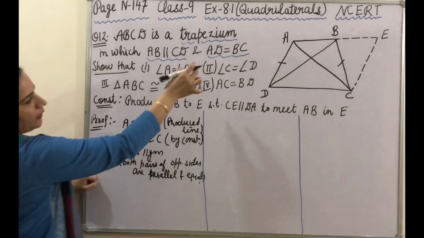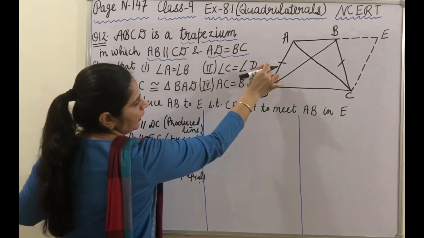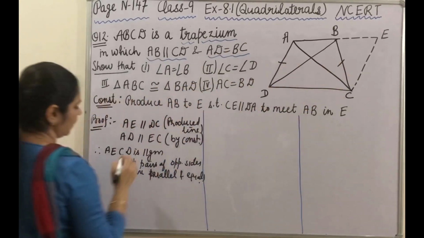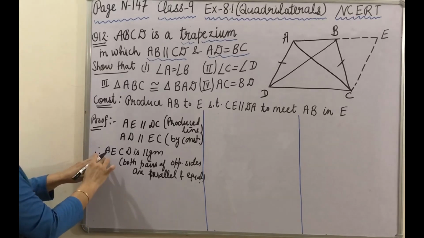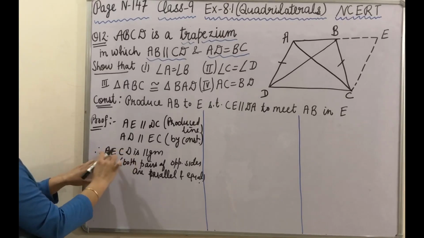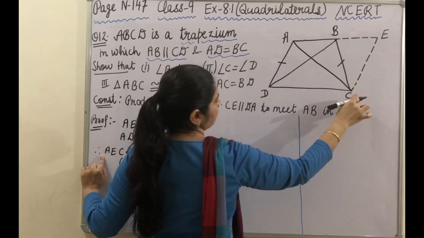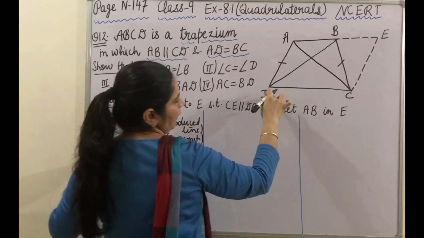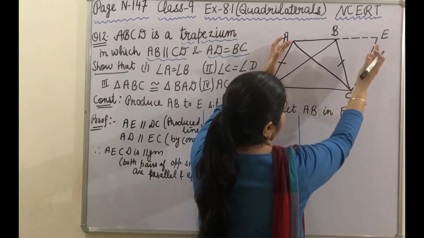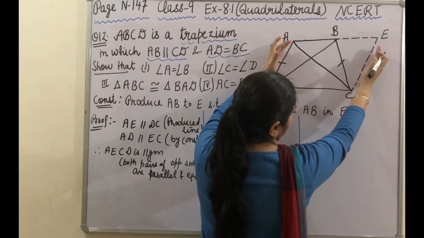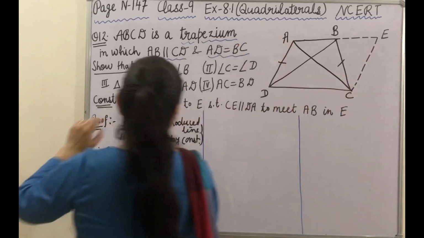Now just look at the condition. Given condition is AD is equal to BC. Here I am using the result of this parallelogram first. AECD is a parallelogram. In this parallelogram, I can write these two lines are equal because opposite sides of a parallelogram are always equal.